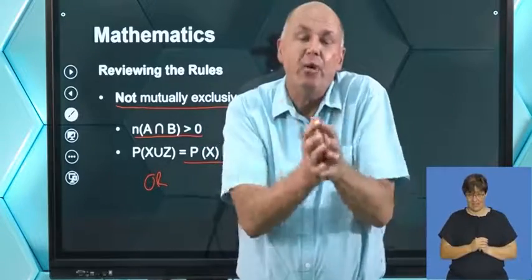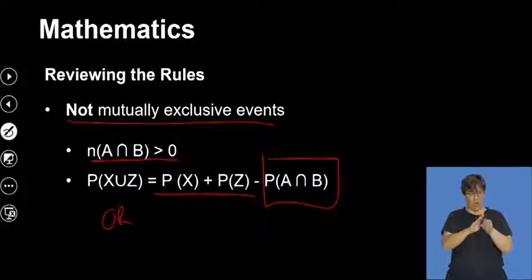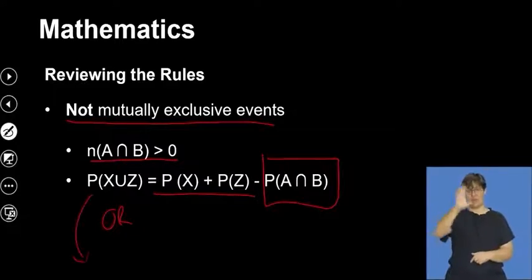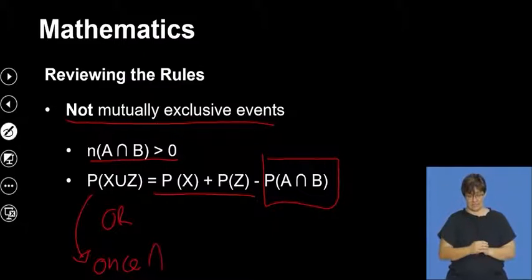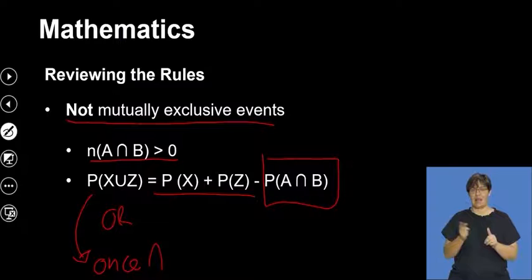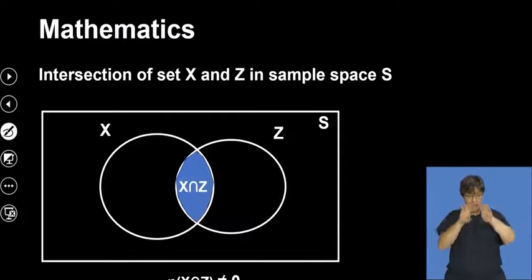So we've got to take away the intersection when we're adding those two other bits together. We only want to count the intersection once, but here you're counting it twice. There's part of the element in the intersection there and there. That's why you've got to take away the intersection units.